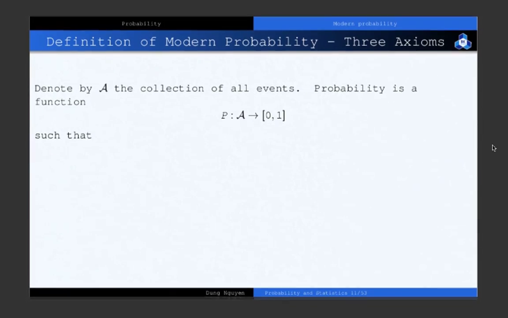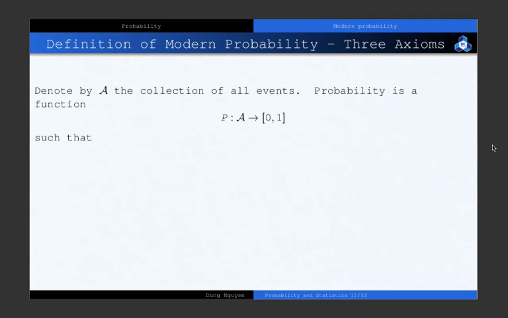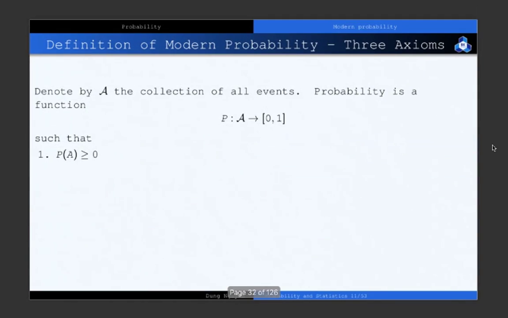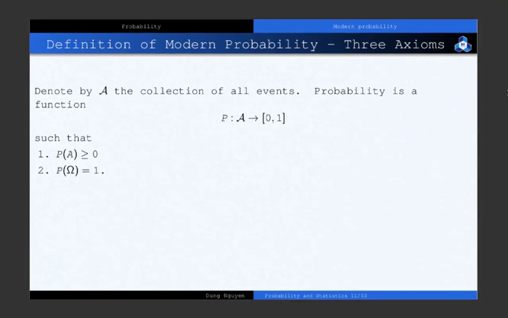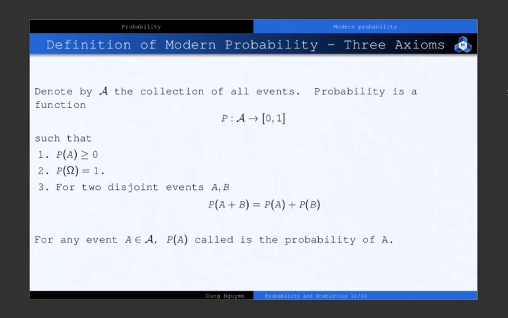So probability is a function from the collection of all events to the interval 0, 1, and you need it to be non-negative, and the sample space has probability 1, and if you have 2 disjoint events, then the probability of that sum will be the sum of the 2 probabilities. What does it mean by disjoint events? 2 events are disjoint if they cannot occur at the same time.